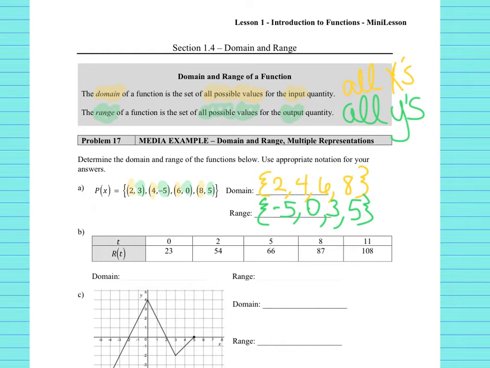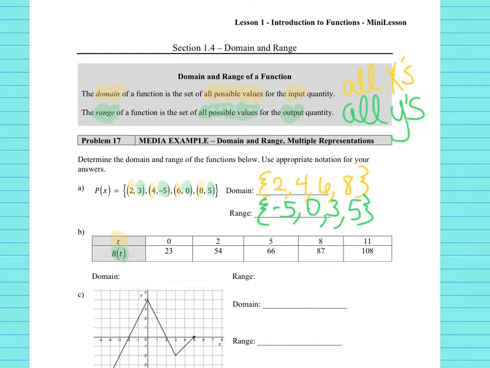Now the table, we're going to do the same way. We're going to lay out the domain by talking about all the possible input values or all the possible x values. Now this table is labeled with t and r of t, but you should remember that the t is representing the input and that r of t is going to represent your output, which means our input, our t, is going to be our domain because your input or your x values are your domain every single time.